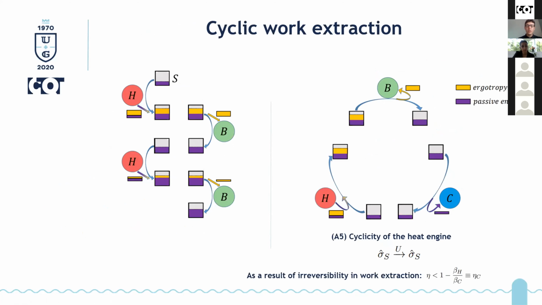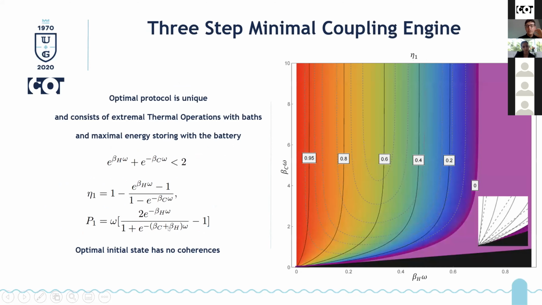So we investigate the cyclic operation of the engine and also the task of the extraction of energy from the bath. And for the cyclic case, we have a full characterization of properties. So this is the plot showing how the engine works.